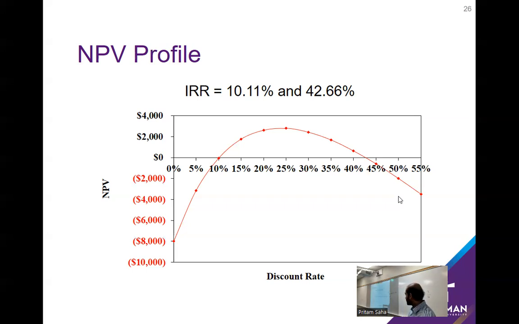Making sense? So there are two reasons why we always prefer NPV over IRR. First reason, NPV gives you the direct representation of how much value you're creating.